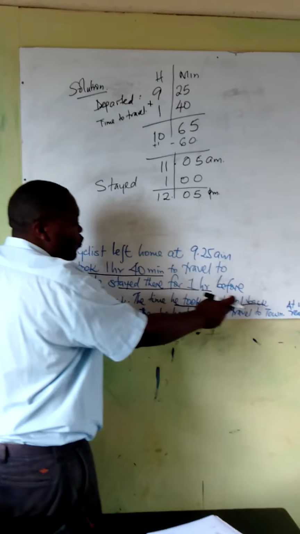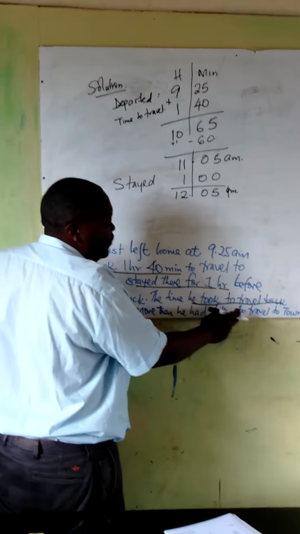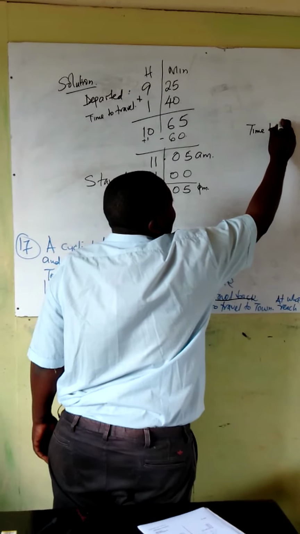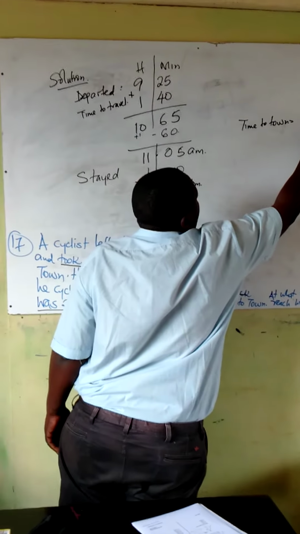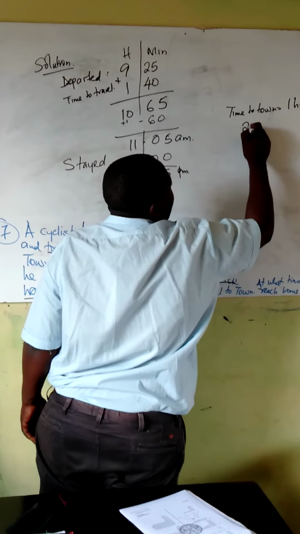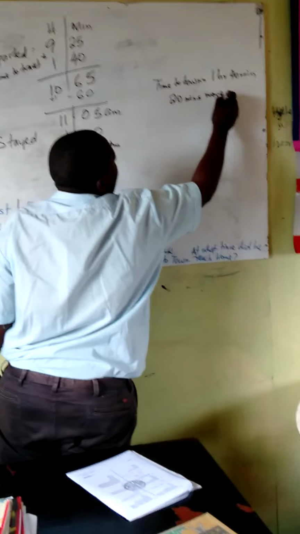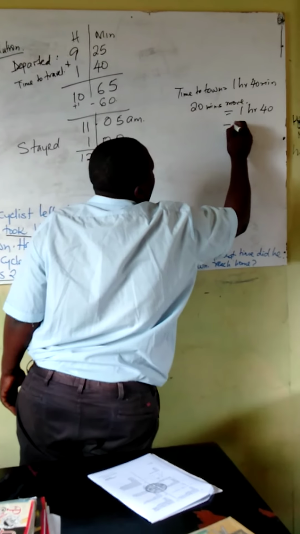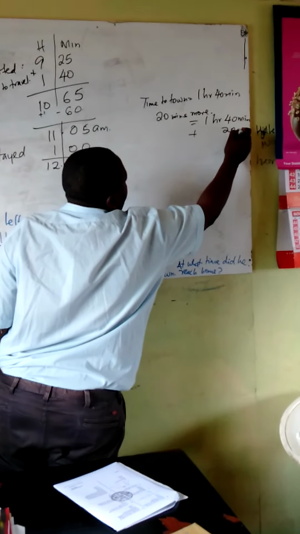And the time he took to travel back home was 20 minutes more than the time he had taken to travel to town. The time he had taken to travel to town we were given as 1 hour 40 minutes. And it took 20 minutes more to travel back home. So this time will be 1 hour 40 plus 20 minutes.